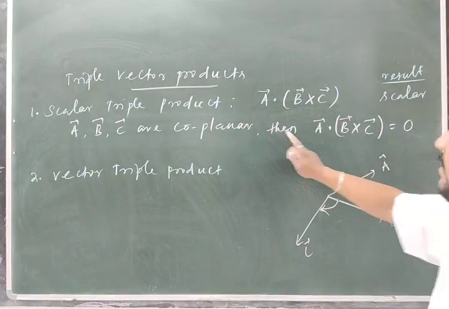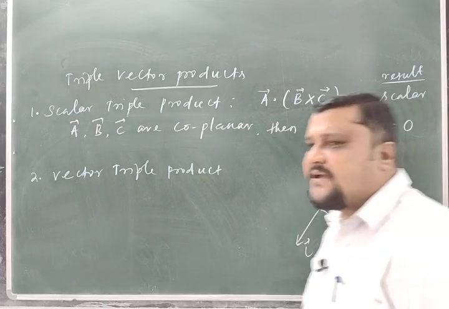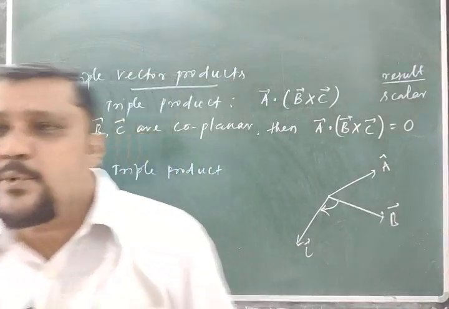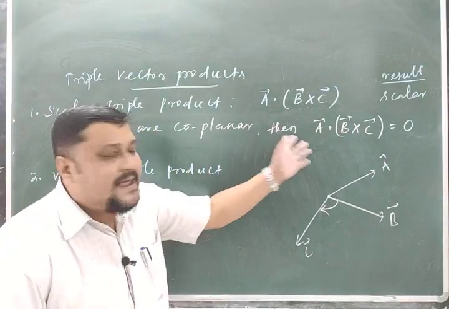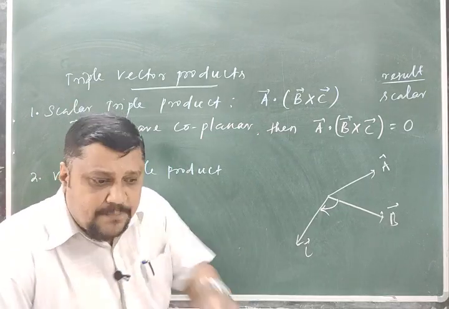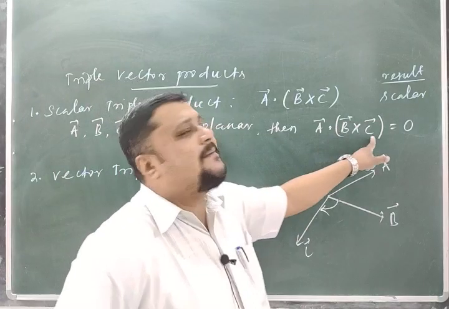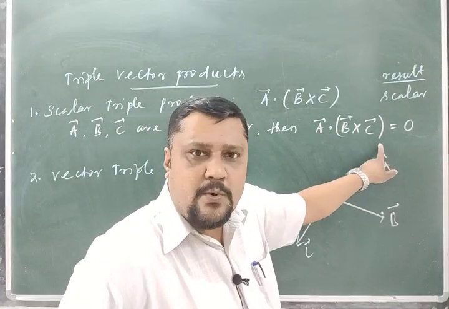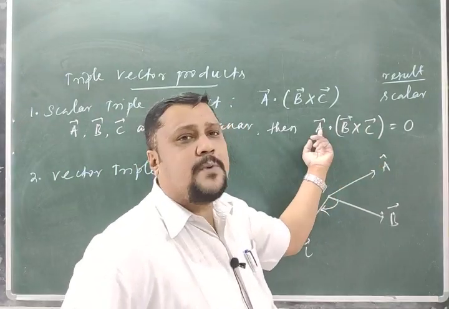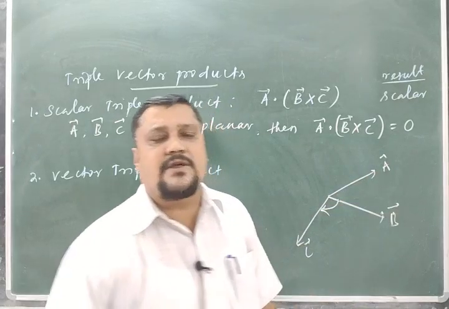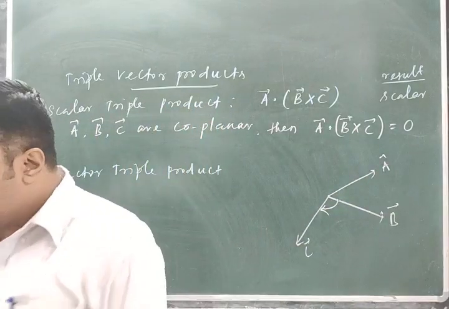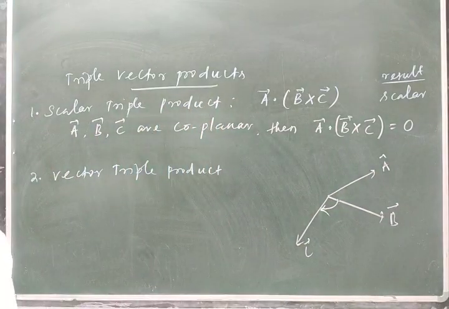So if ABC are coplanar, then A dot B cross C is equal to 0. This is a proof generally asked of you. Prove that the three vectors are coplanar. Then what will you do? Take the cross product of any two, then do the dot product with the other vector. If the result is 0, then they are coplanar. Okay.